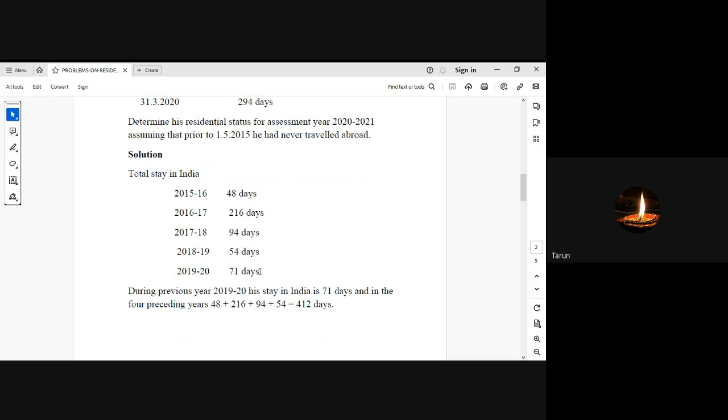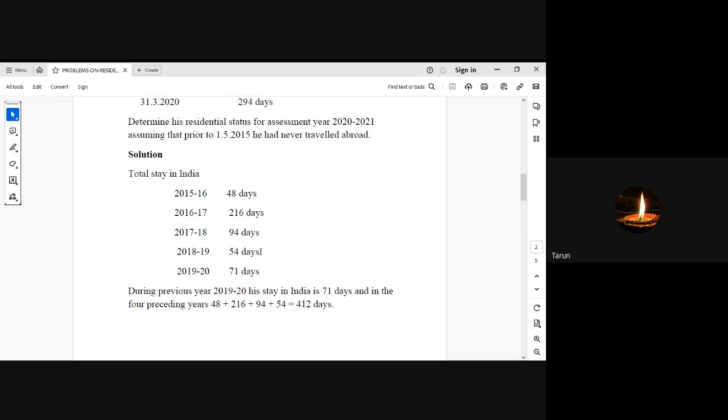More than 60 days during the previous year, plus more than 365 days during the 4 preceding years. If the previous year is 2019-20, the preceding years would be these 4 years. The total of these 4 years is more than 365 days.